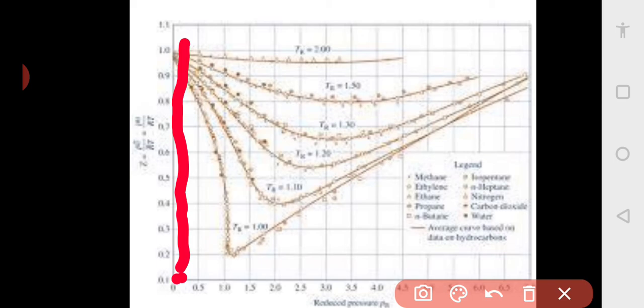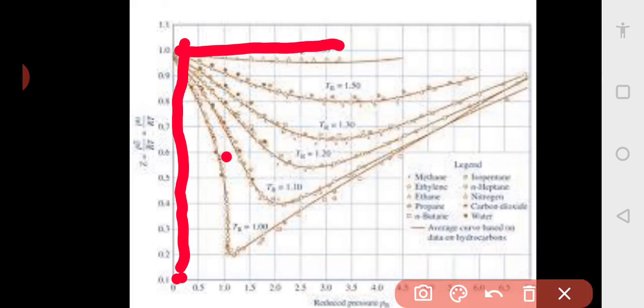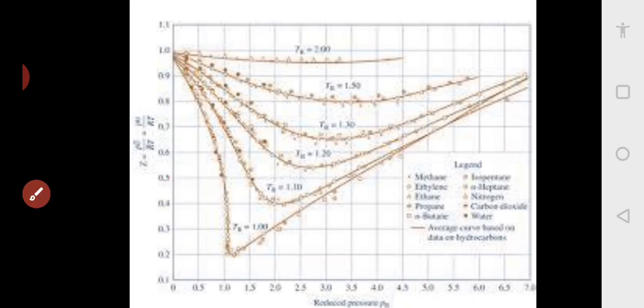Now the reduced temperature was 2.44; the chart has it given up to 2 only, so you take it here. First I have taken the reduced pressure, 0.144, then the reduced temperature, 2.44. They both intersect at this point, which is nearly 1. This is the value of Z.